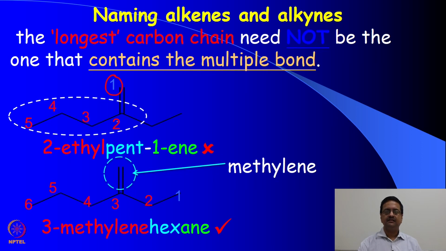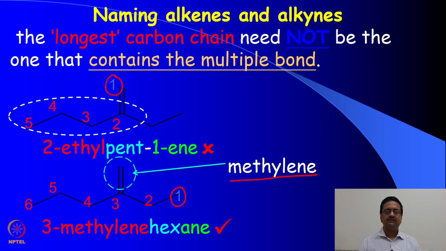But you see, in this particular case, the longest chain is neglected. The longest chain is formed by numbering it from this particular end, where you have 1, 2, 3, 4, 5 and 6. So, it becomes hexane, and the substitution that is here is a methylene substitution.